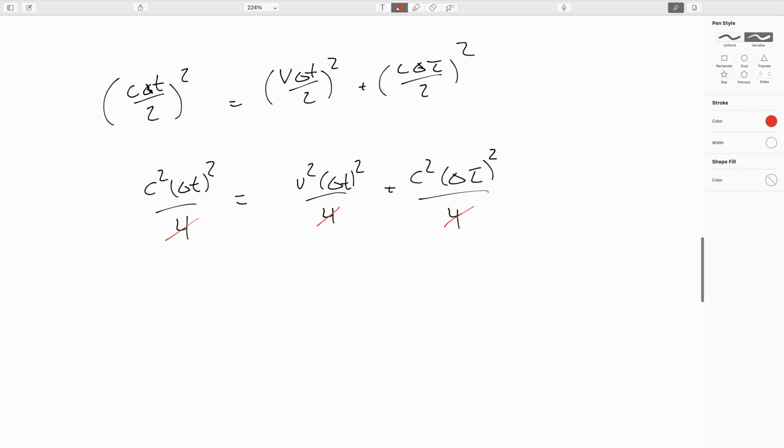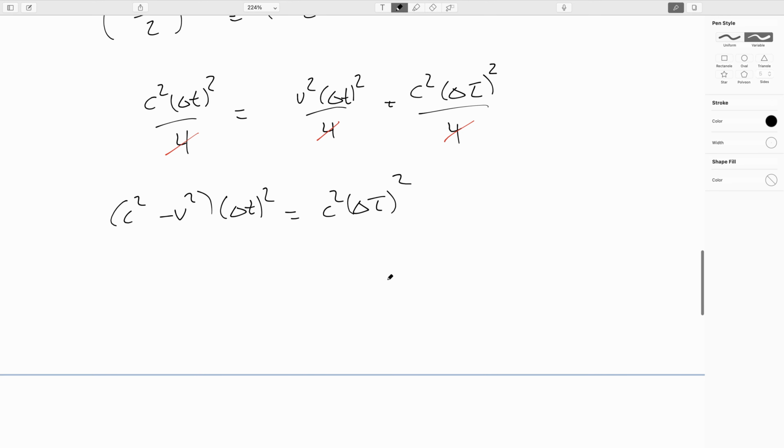So let's go ahead and rearrange this. If I subtract this from both sides, I can pull out delta t squared, so I will get c squared minus v squared times delta t squared, which is equal to c squared delta tau squared.